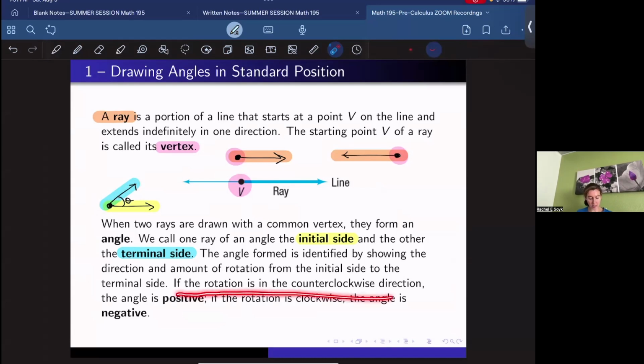If the rotation is in the counterclockwise direction, the angle is positive. If it is clockwise, then it's negative. So it's sort of like opposite. And I'll highlight those. So counterclockwise, positive; clockwise, and our angle is negative. And we'll be practicing a lot of this too.